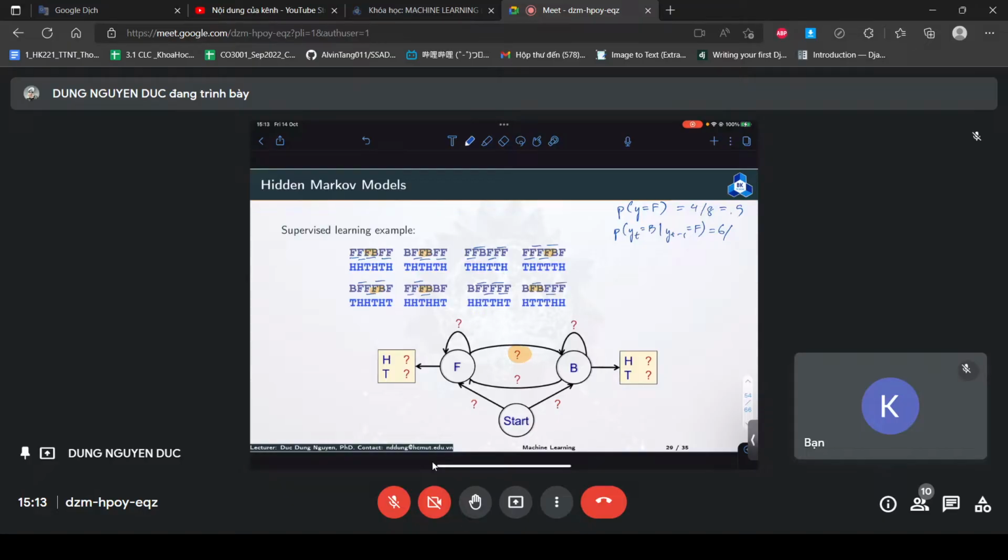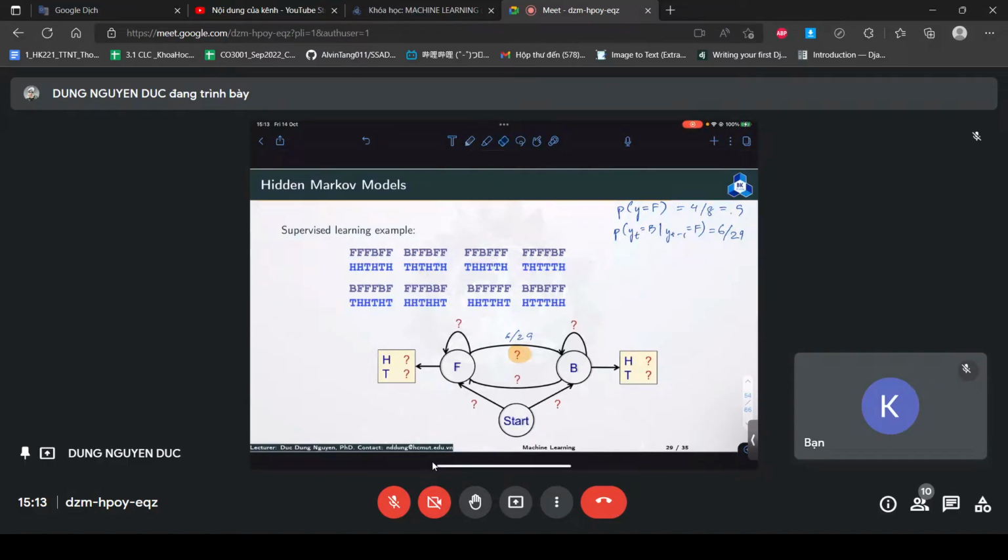So it's going to be 6 over 29. This is going to be some number like that. Okay, 6 over 29. And you can keep counting. You can get the number you want. Okay, that's how it works in the supervised scheme.